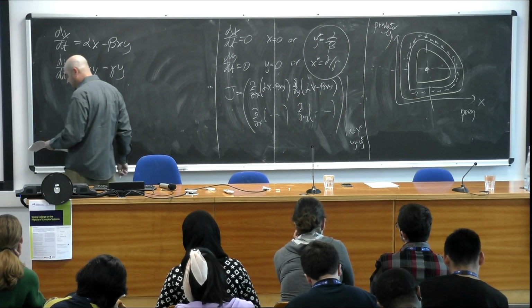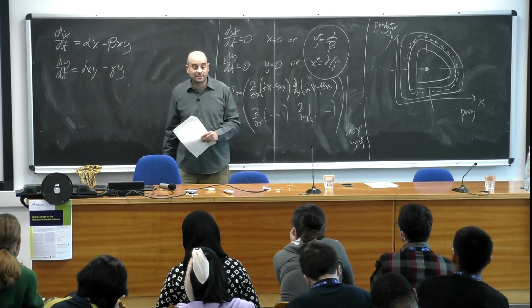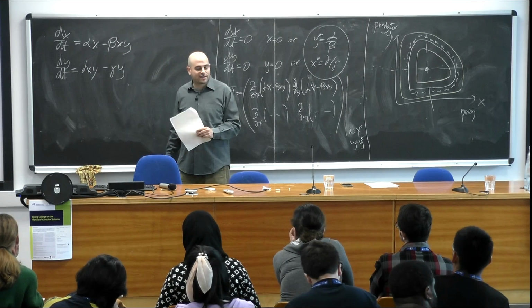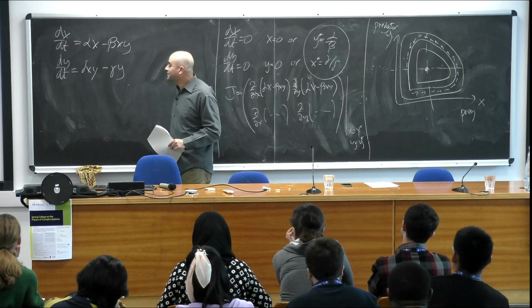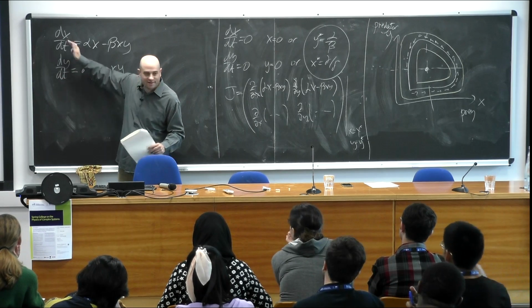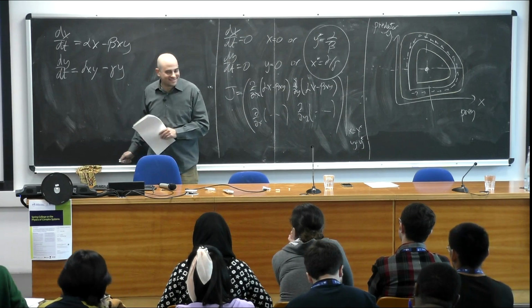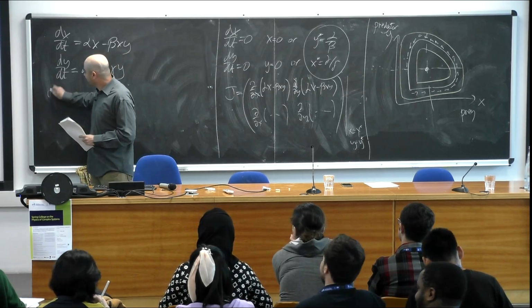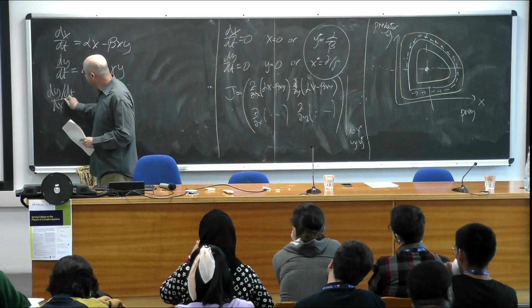Okay, and then, so we are not mathematicians here, at least I'm not. So we can get away with doing stuff that mathematicians will not, right? And what we're going to do is we're going to divide this equation by this equation and cancel the dt, okay? Right, so we have dy/dt divided by dx/dt.